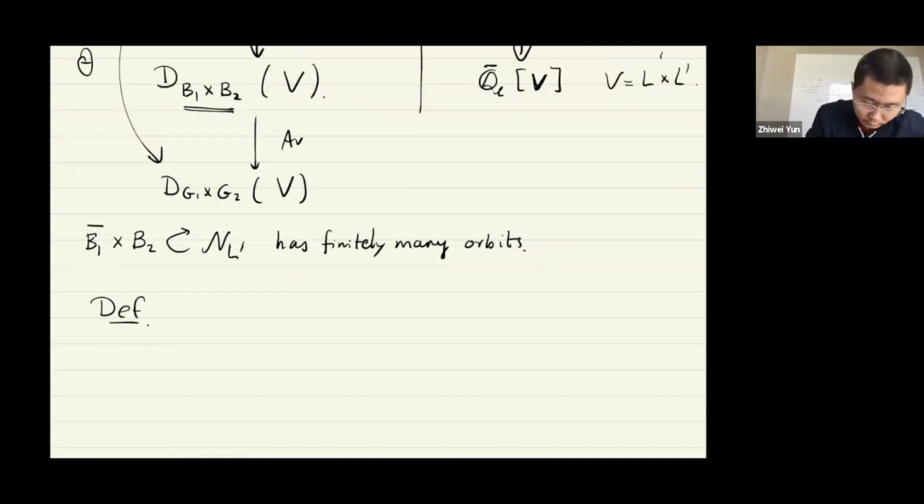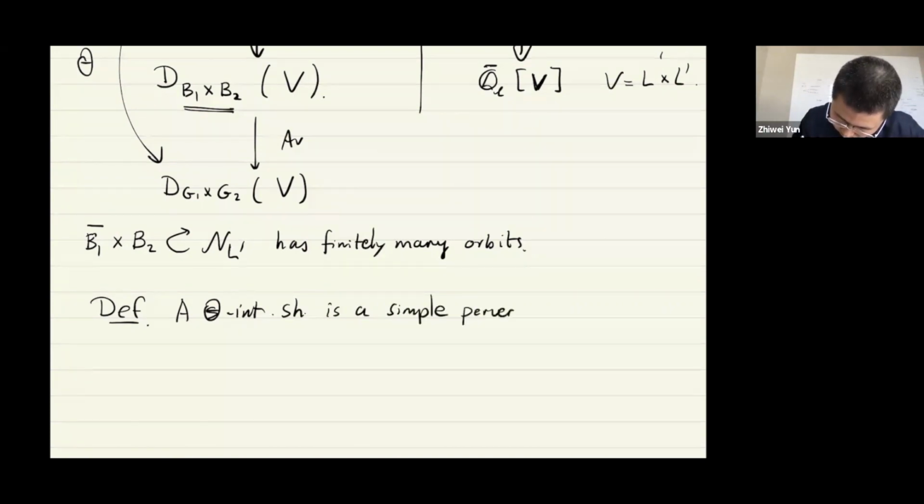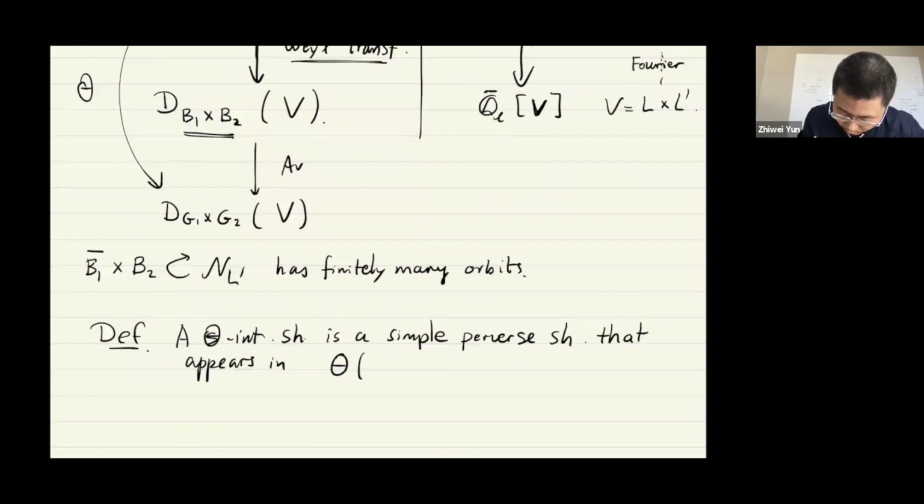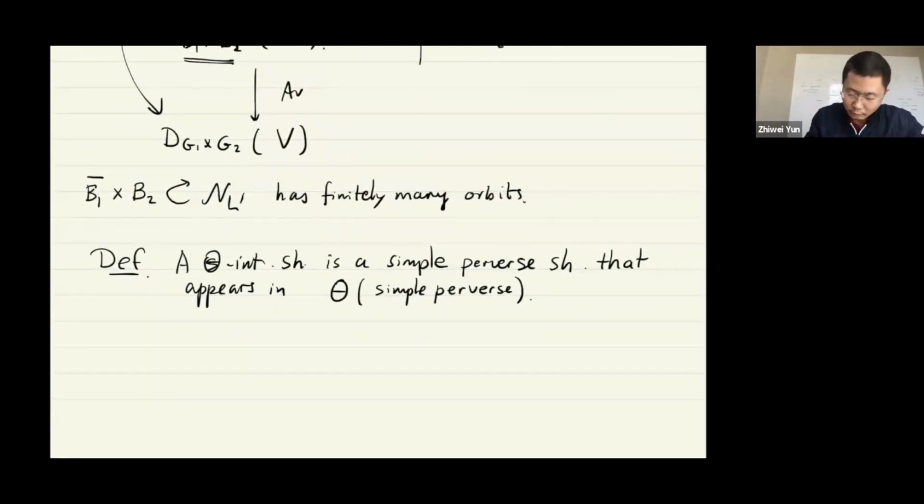Now we can define a theta intertwining sheaf. It is a simple perverse sheaf that appears in applying the functor theta to some simple perverse sheaf, the IC sheaf of some local system on some orbit in the moment cone.